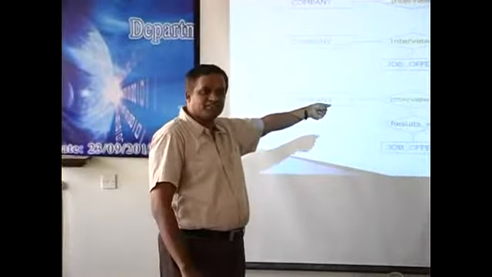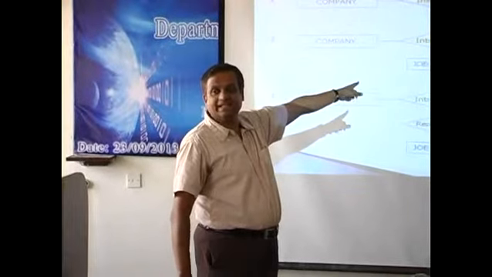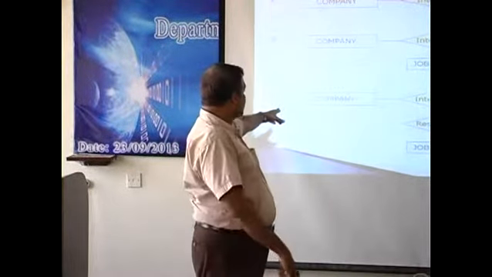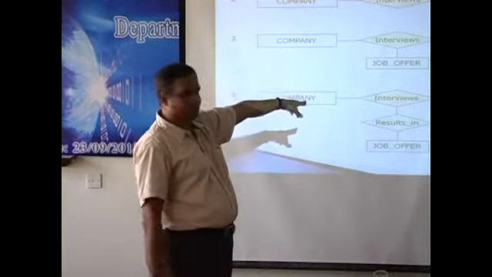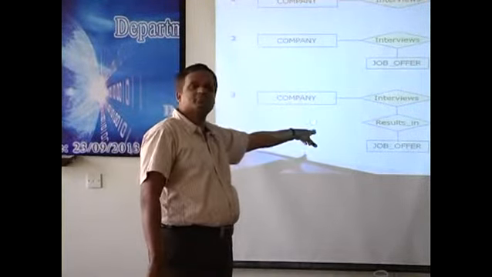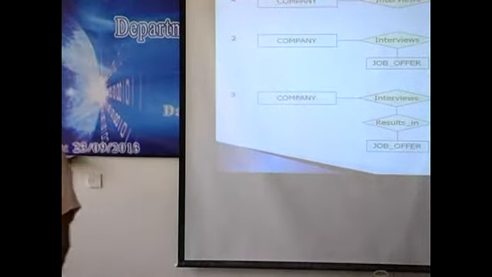And not everybody gets the job offer. 100 people attend the interview, and 5 people may get selected. So that is the next level. Few of them get the job offer. So when you conduct the interview, it results in some job offers. This is what we call aggregation.